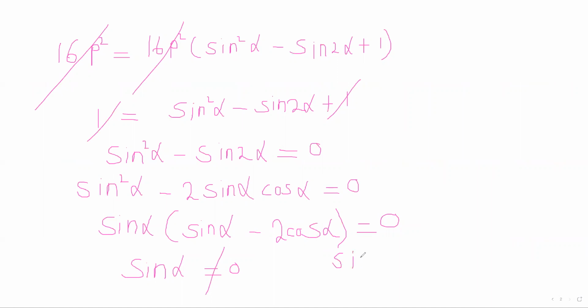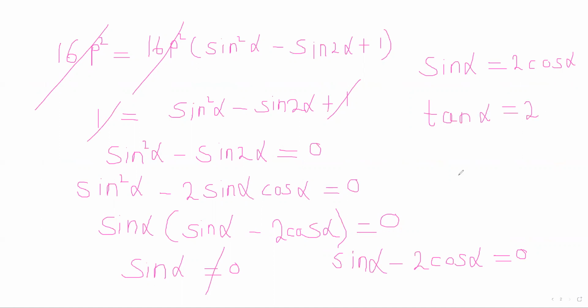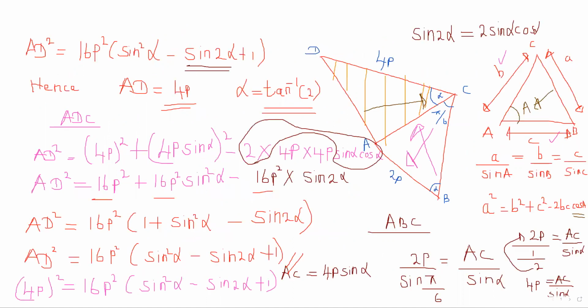So this is our only result: sine alpha minus 2 cos alpha is equivalent to 0. Therefore, sine alpha is equivalent to 2 cos alpha. Divide by cos alpha on both sides: tan alpha is equivalent to 2. Therefore, alpha is equivalent to tan inverse 2.